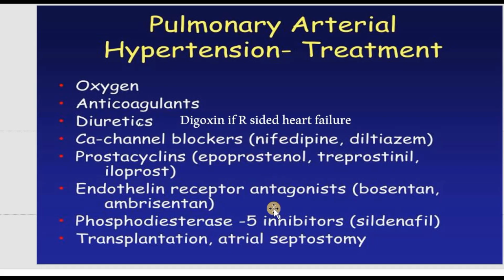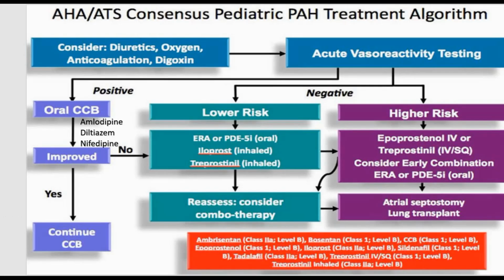And other medicines which are specific to pulmonary hypertension depend upon the cause, stage, or group of pulmonary hypertension. So along with general management, the patient has to undergo an acute vasoreactivity test. In this test, the patient inhales nitric oxide. This is a vasodilator. If the pulmonary artery dilates and the pressure drops by greater than 10, those patients are positive.